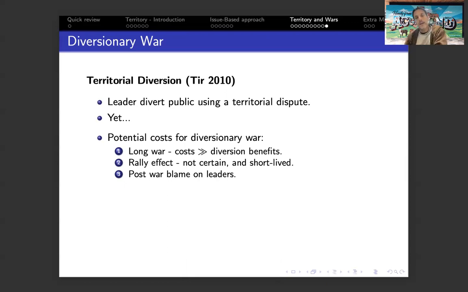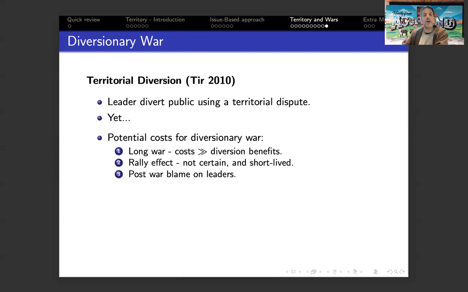And finally, it is possible that after the war, some members of the public will blame the leader for initiating an unnecessary conflict when the motivation was just to divert public attention away from domestic problems. Now the leader also decided to engage in an unnecessary conflict, so there's going to be an even growing amount of criticism of the leader.